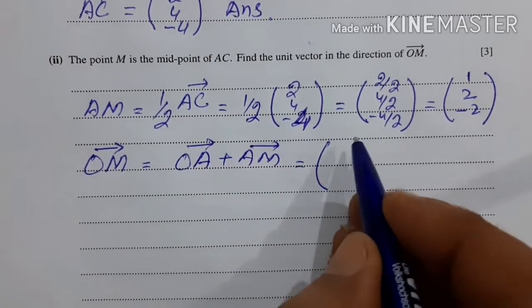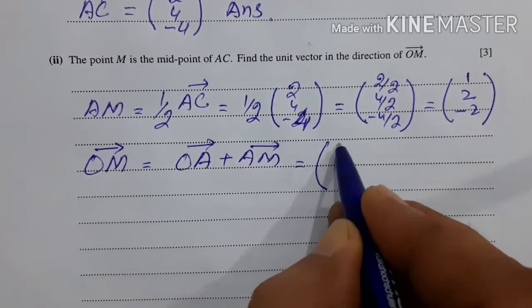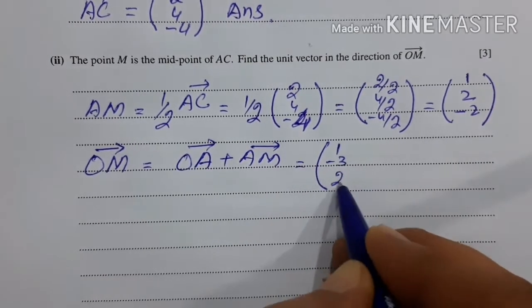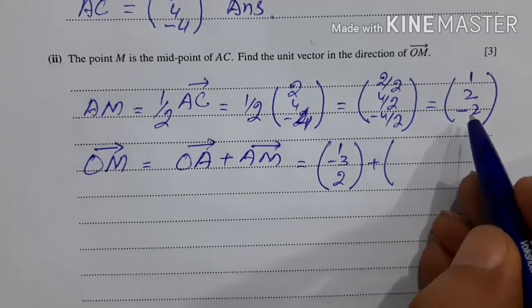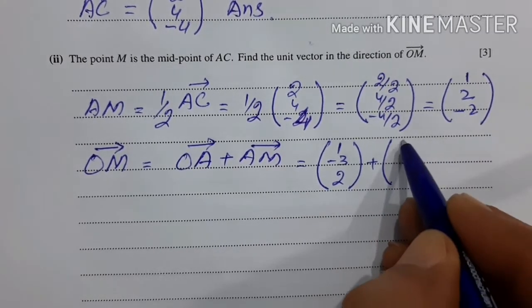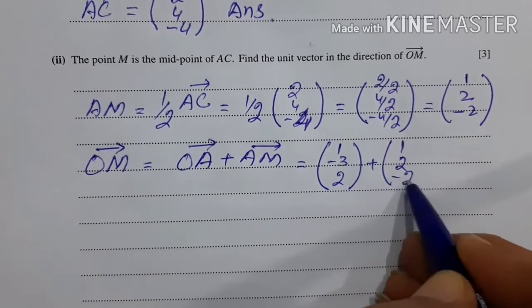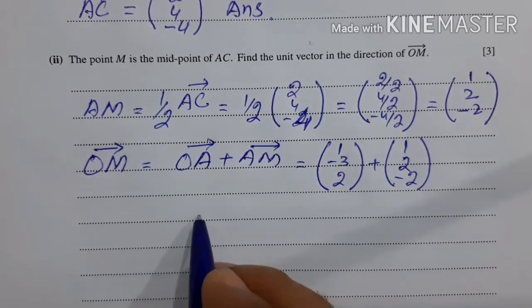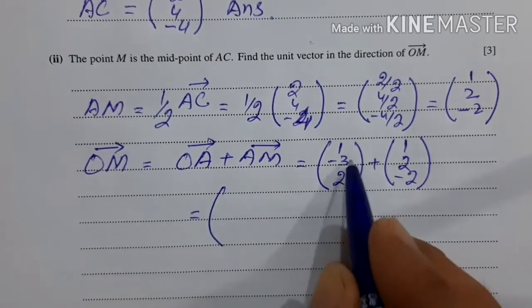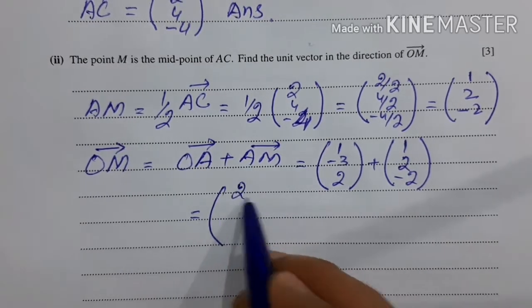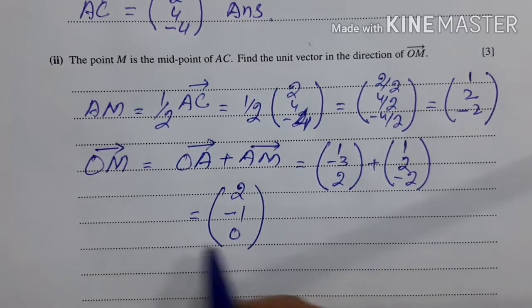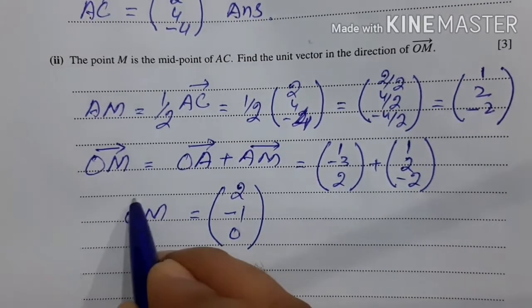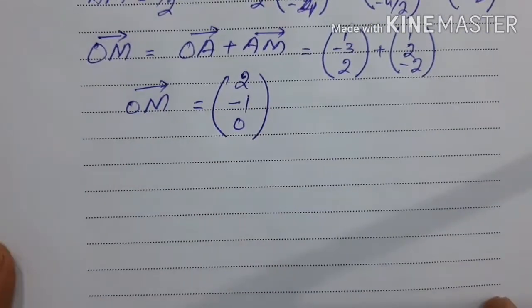OA is from the first part (1, -3, 2), and AM we already found (1, 2, -2). So by adding, this will become (2, -1, 0). This is our OM vector.